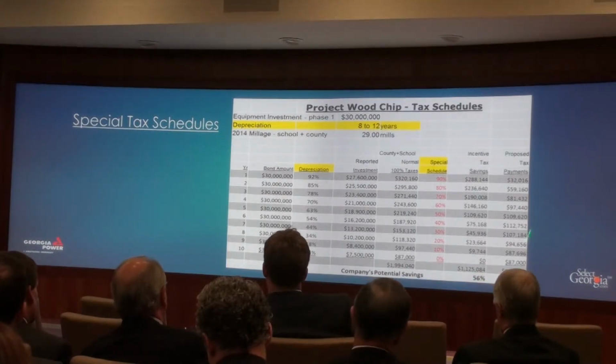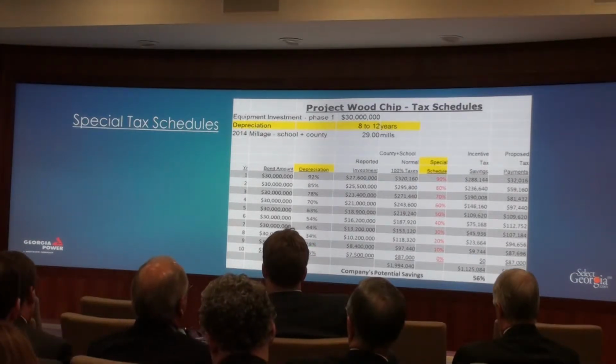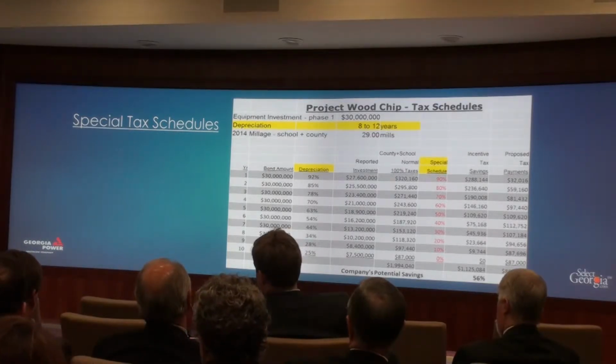Said another way, they paid 44% of their full value of their taxes. All right. If you offer a more aggressive approach here, or let them write it down faster, they're going to save more.